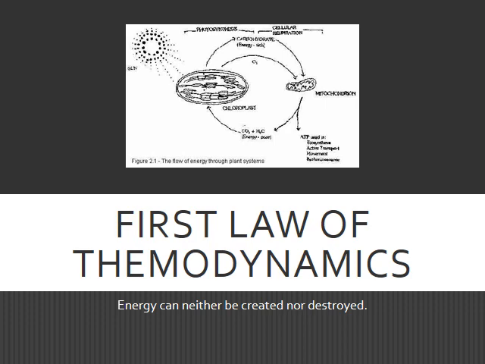So we're going from kinetic energy of the sun to potential energy of the bonds of glucose to releasing that energy in the mitochondrion. To make ATP, you bind ATP together, you're using the energy from the glucose to build new molecules. So it's back to potential energy. We are not losing energy in the system. We are simply transforming it from one form to another.